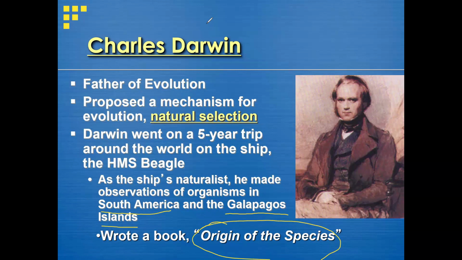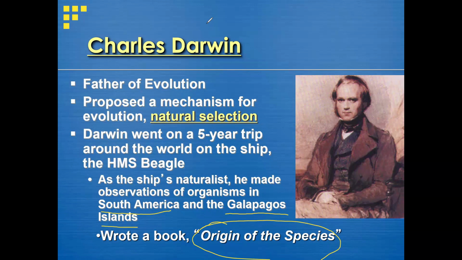So ladies and gentlemen, from here we are able to understand, one, the father of evolution is Charles Darwin, and he is the scientist that was able to propose the mechanism of evolution. When we say mechanism, it means a step-by-step account of how living organisms change their form over a long period of time.